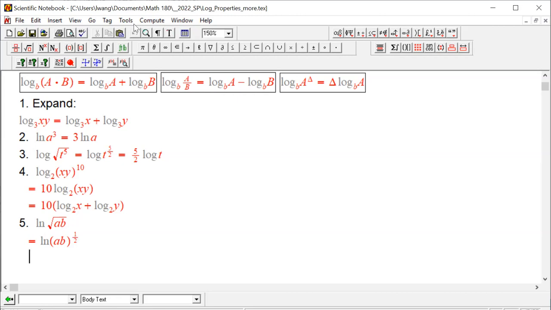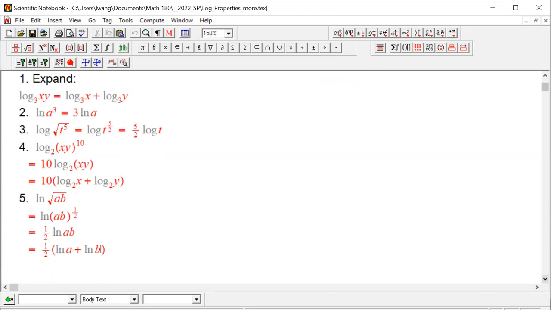After we get that power outside, we get 1/2 of ln ab. And then going further, we apply the product rule, which is going to be half times ln A plus ln B. Okay, so that's called expansion.